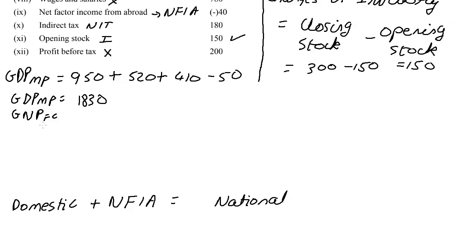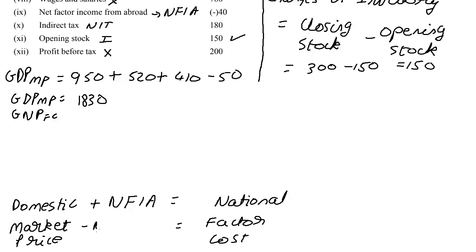Market price to factor cost, how do we do it? If we have market price, MP, and we want to reach factor cost, we need to subtract something called net indirect taxes. And that itself is a separate formula.